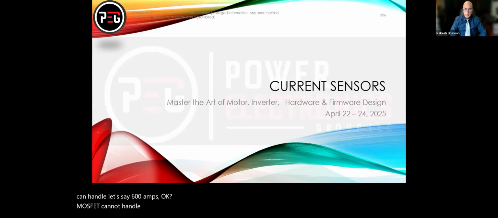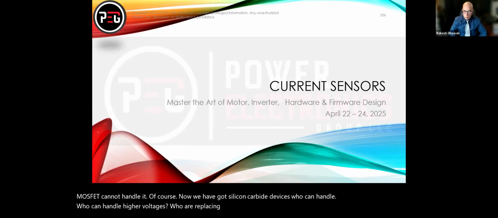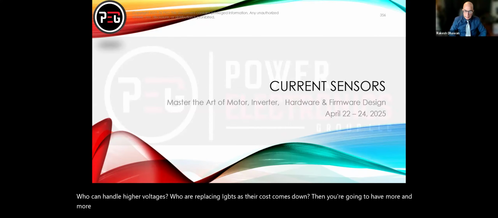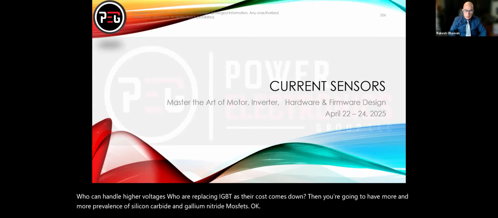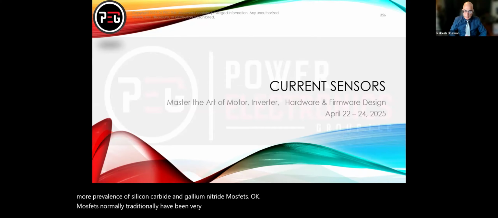Of course, now we have silicon carbide devices that can handle higher voltages and are replacing IGBTs. As their cost comes down, you're going to have more and more prevalence of silicon carbide and gallium nitride MOSFETs. Okay, MOSFETs traditionally have been very, very effective in low voltage applications.